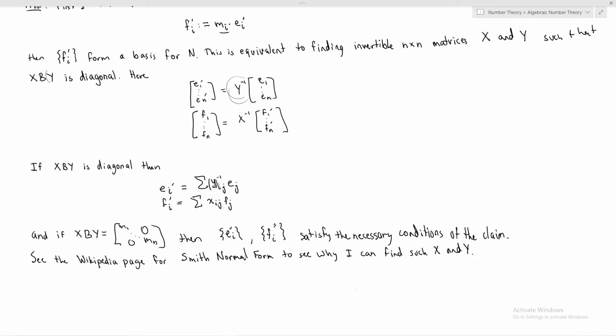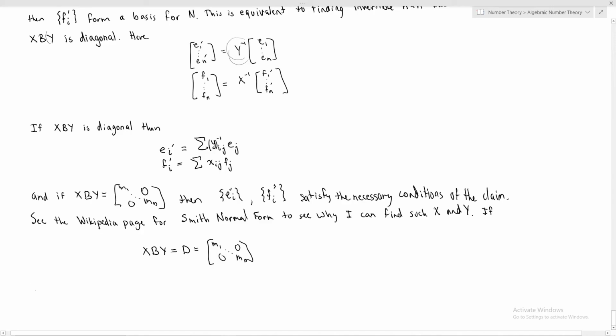So how do we finish up this proof here? Let's say XBY equals D, which is diag(m_1, ..., m_n).